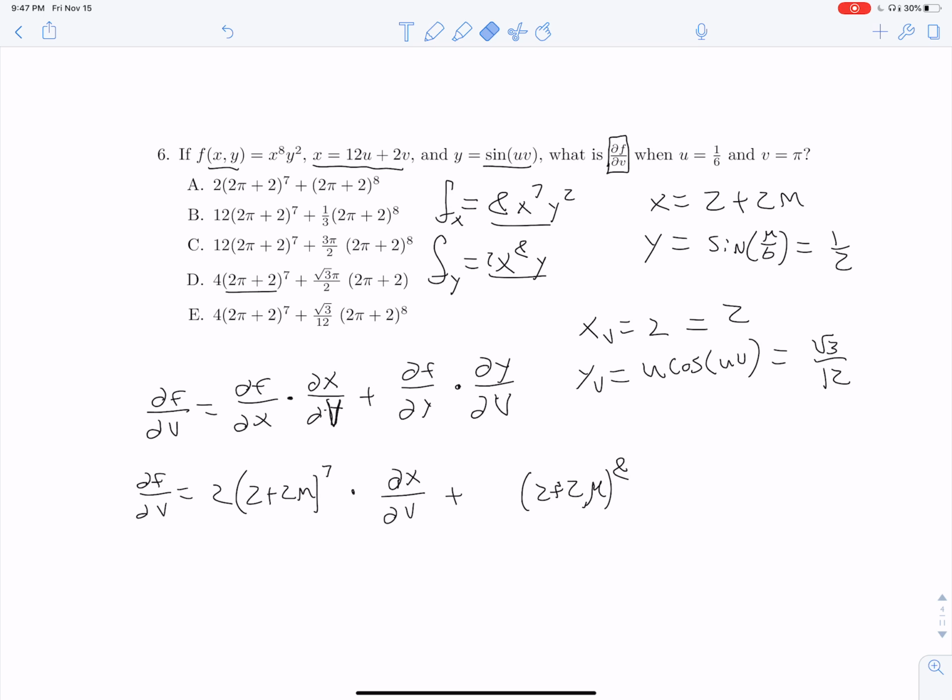And finally, putting everything together, root 3 over 12 goes here, and 1/2 goes here. Oh, sorry, I read the wrong one. 2 goes here. So we're going to get 4 times the quantity 2 plus 2 pi to the 7th plus root 3 over 12 times the quantity 2 plus 2 pi to the 8th. And we see that that is one of our options.